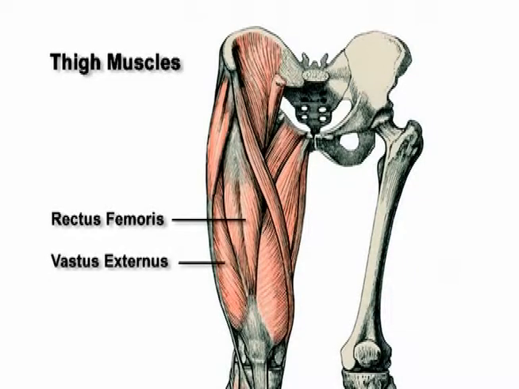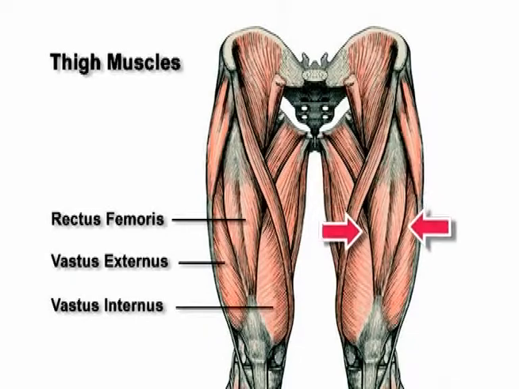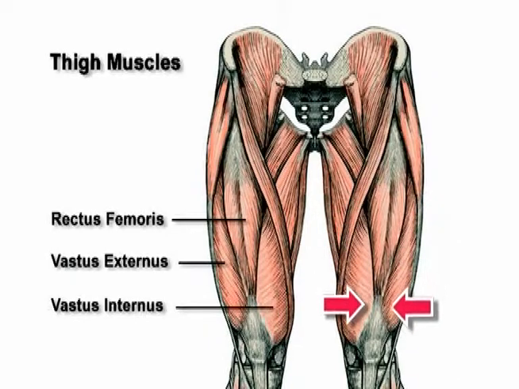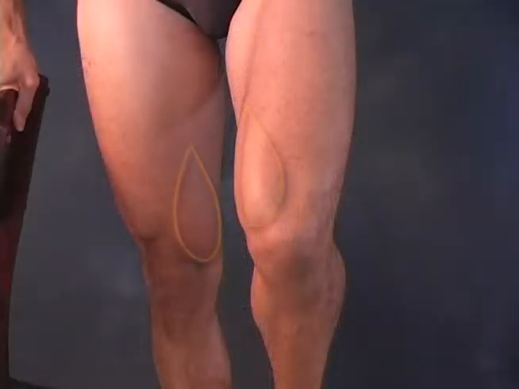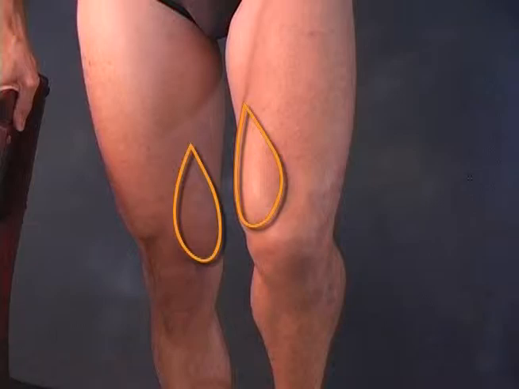The vastus externus and vastus internus start at the upper end of the femur, descend on either side of the rectus femoris, and end just above the knee. The teardrop shape of the vastus internus, just to the inside of the knee, is its distinguishing characteristic.